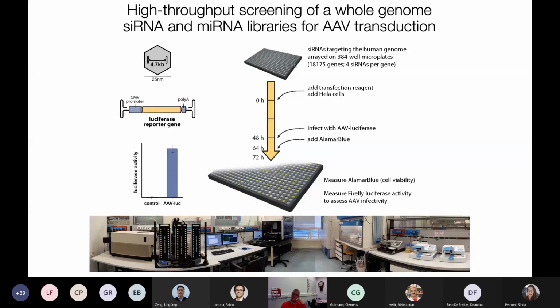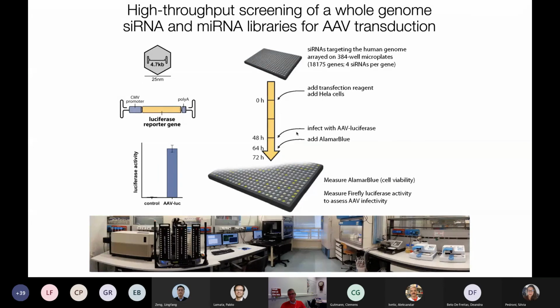So we do reverse transfection, basically together with lipids. So we have the plates with lipids and the siRNAs. And then we add on top of this, in this case, HeLa cells. And then we infected after 48 hours, so we left the siRNA downregulating each respective target for 48 hours.